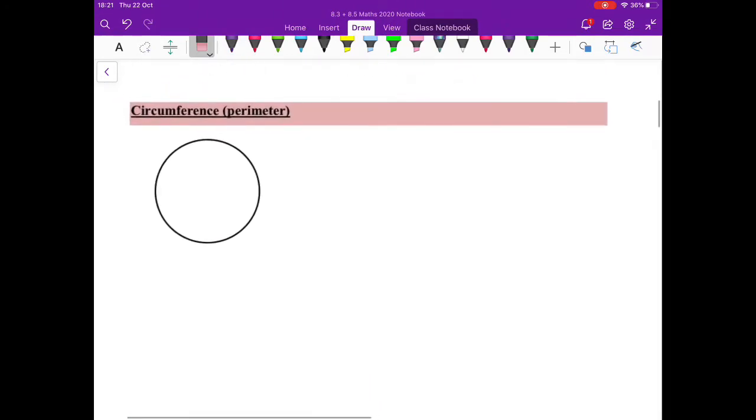Let's look at the circumference or the perimeter. Now, we have two formulae, but a way not to get confused, I prefer to do circumference equals pi d, which means pi times the diameter.